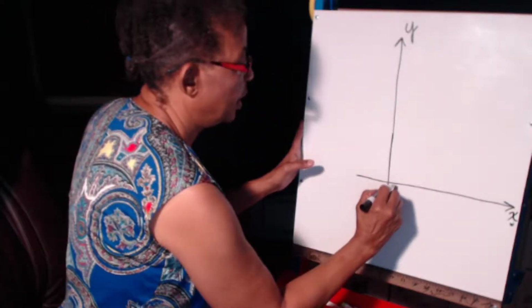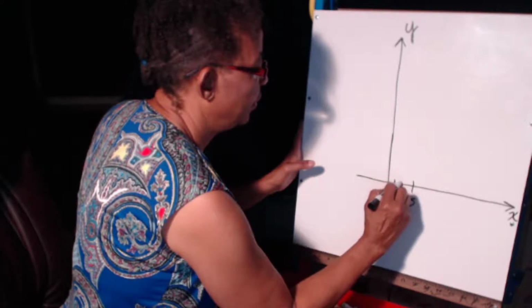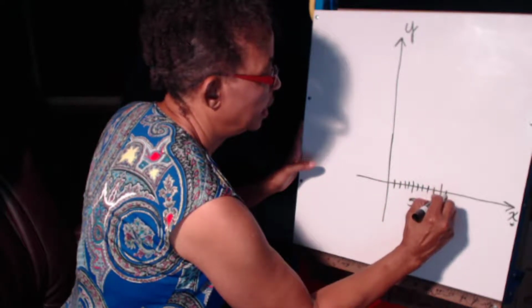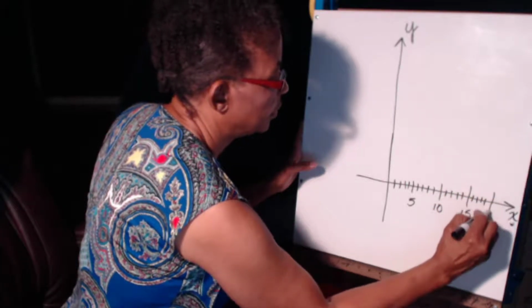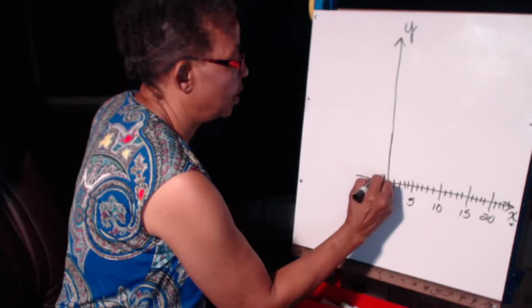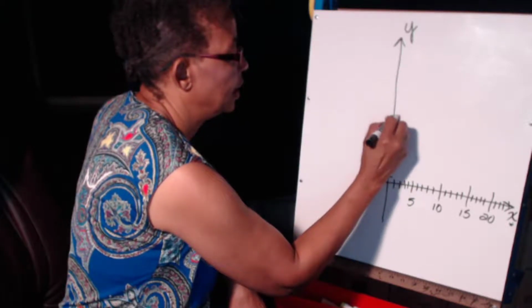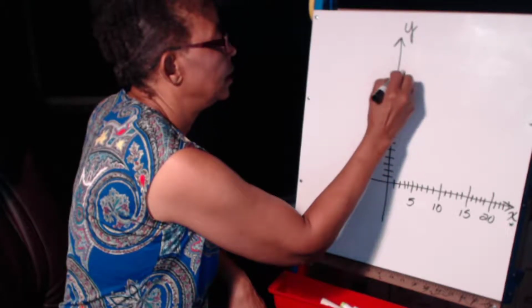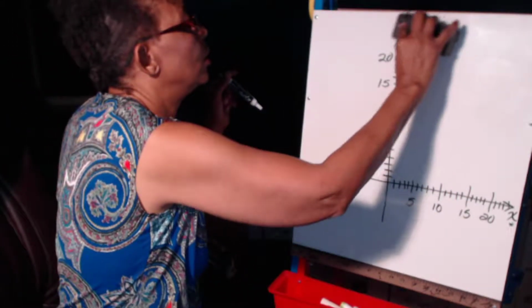So we have 5, 10, 15, 20. All right, that takes us to 24. 5, 10, 15, 20, and I'm going to need a little bit more.